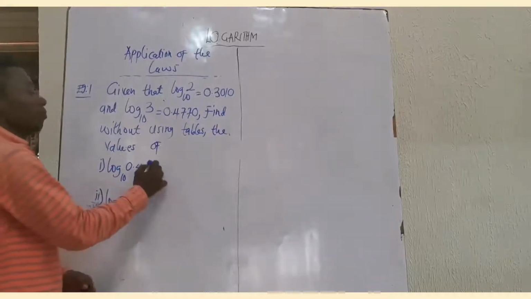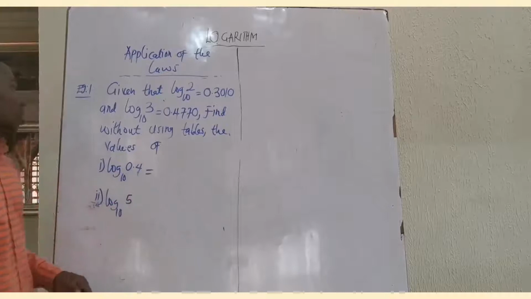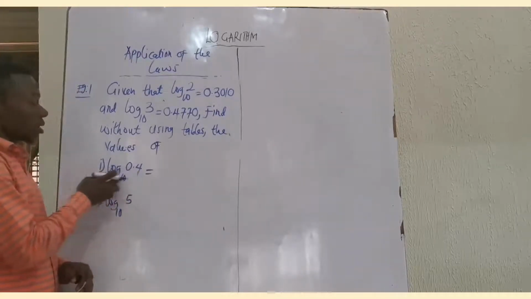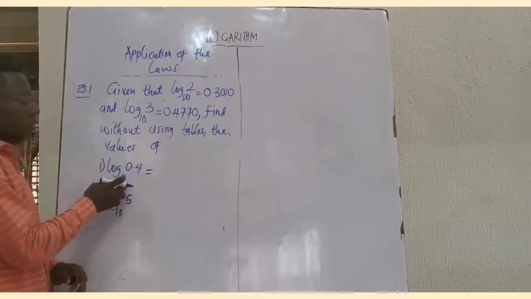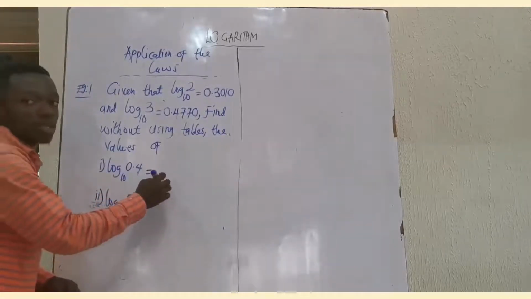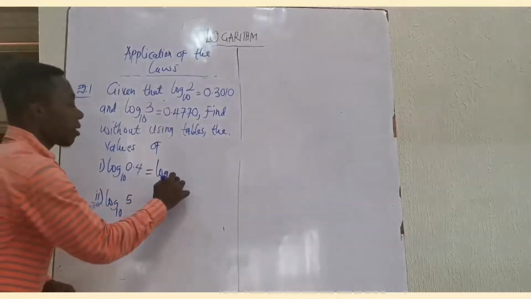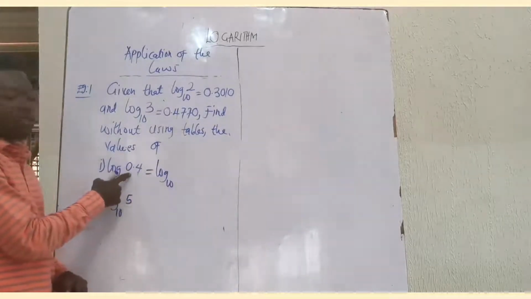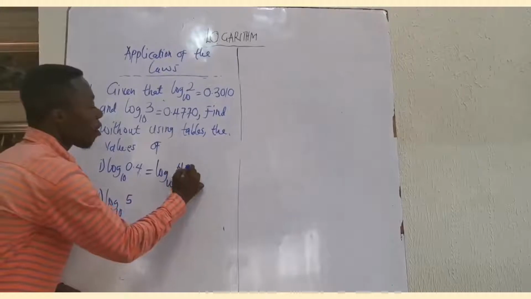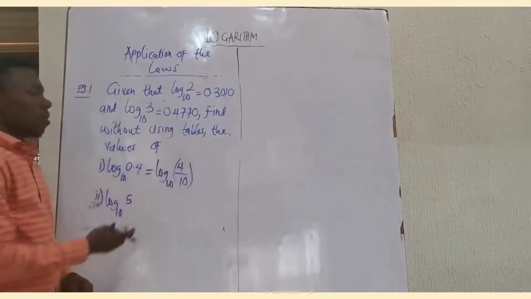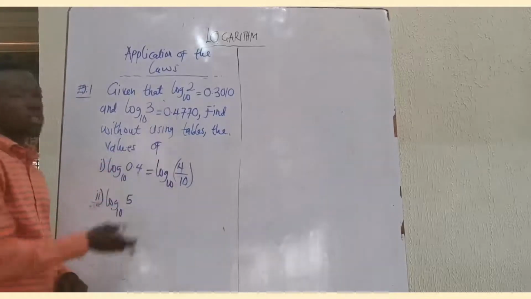So with this, it is an application form. You must first of all write log of 0.4 to the base of 10. Remember, 0.4 is 4 out of 10. And once you are seeing 4 out of 10 here, which law should guide you?